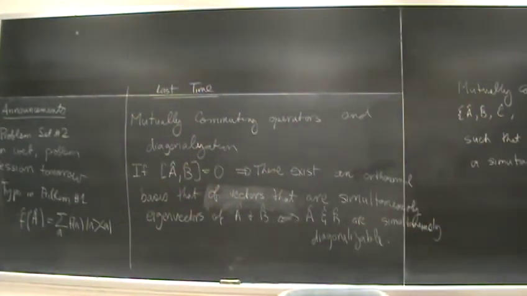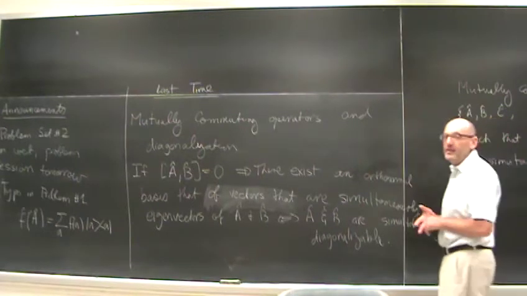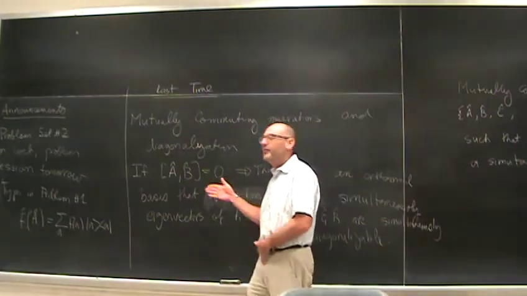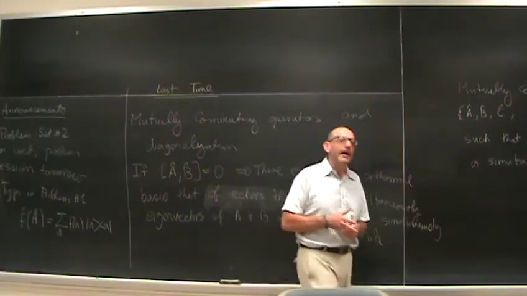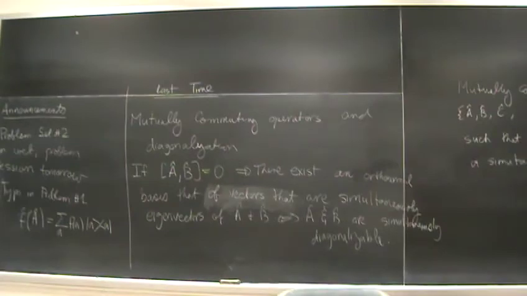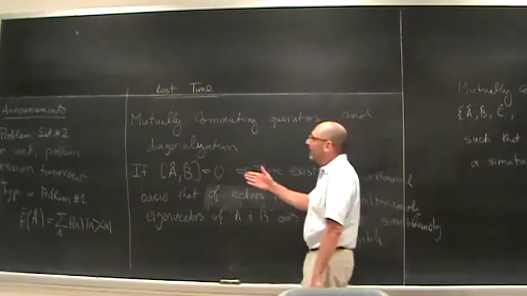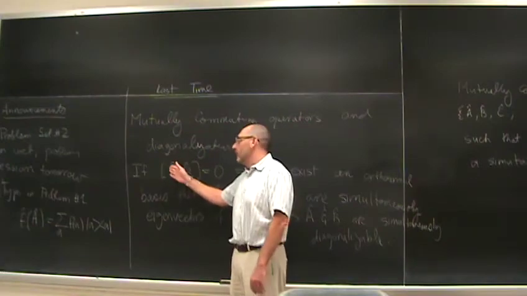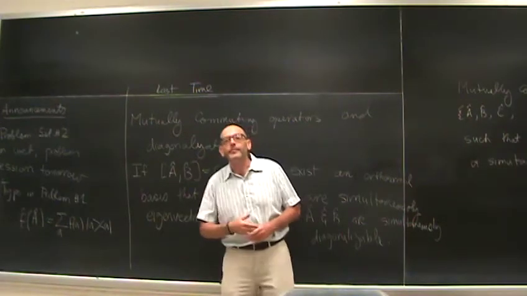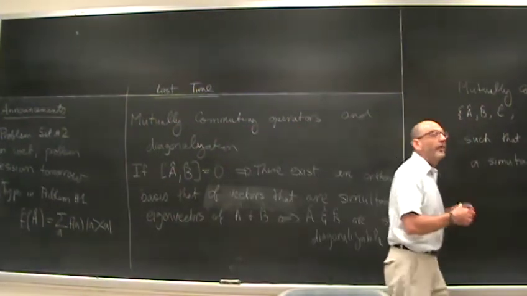Now, of course, we talked a lot last time about all the subtleties associated with degeneracies, and if there are degeneracies in the eigenvalues, then it's not guaranteed that a given set of eigenvectors of one operator are also eigenvectors of the other.